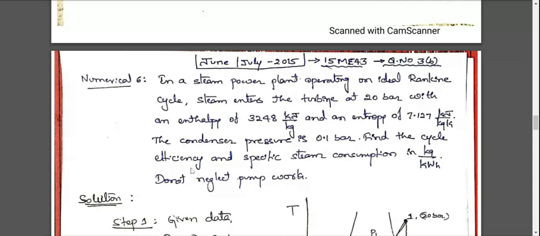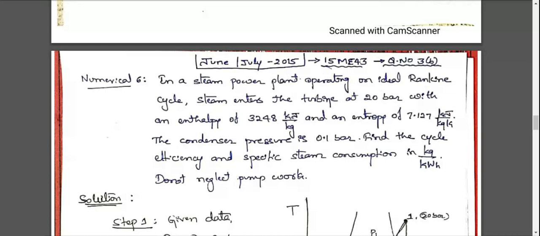So in some of the numericals, we may ask you to neglect the pump work and calculate Rankine efficiency. Why is this? Compared to the turbine work, that is work done by the turbine, is much greater than work done on the pump. For example, 2000 kilojoule per kg is the work done by the turbine, and the work done on the pump is approximately 3 to 4 kilojoule per kg.